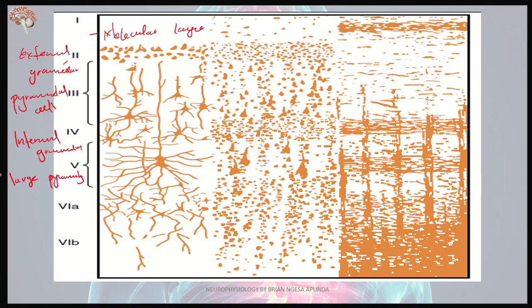It is from this area that we expect the cell body to sprout out a descending axon that will be part and parcel of the corticospinal tract. Layer 6, we have the layer of fusiform or polymorph cells. We'll see the specific role of this.